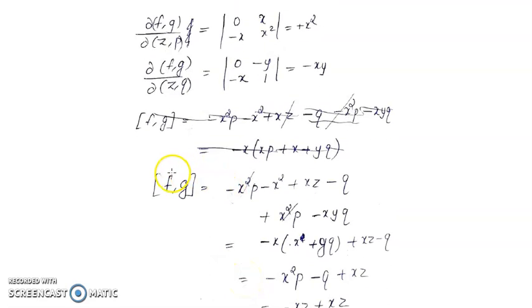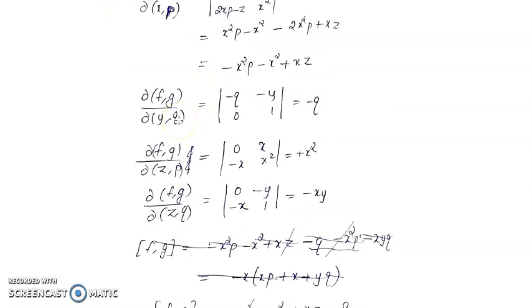So now we will calculate box fg, and box fg is given by dou of fg by dou of xp plus dou of fg by dou of yq plus p into dou of fg by dou of zp plus q into dou of fg by dou of zq.